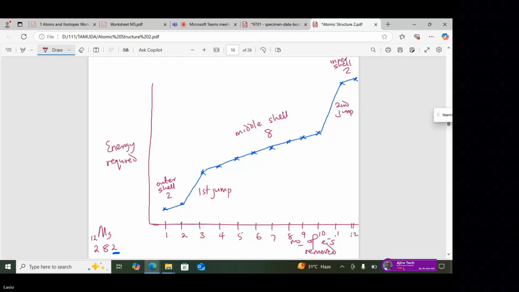Nitrogen is in group 5. So there's going to be a jump after all the 5 electrons have been removed. There's going to be a jump between the 5th and the 6th IE value. Do you get that?